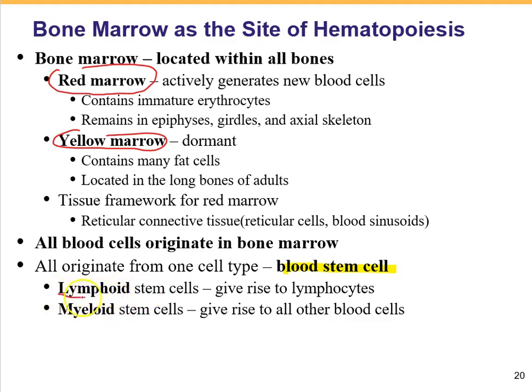We have lymphoid stem cells, which give rise to lymphocytes, and myeloid stem cells, which give rise to all other blood cells. It means red blood cells, platelets, and also the other types of white blood cells, including monocyte, basophil, eosinophil, and neutrophils.